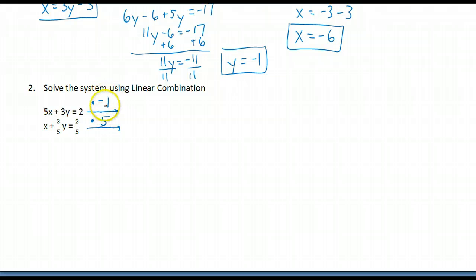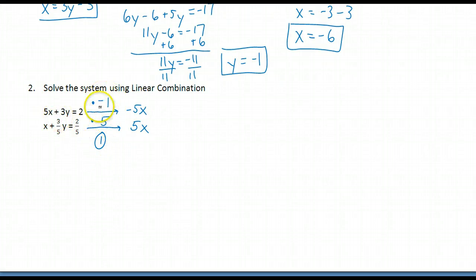The reason I picked negative 1 and 5 is so when I multiply now, 5x times negative 1 gives me negative 5x, and x times 5 gives me 5x. Now my coefficients are going to be opposites of each other. That's step 1.